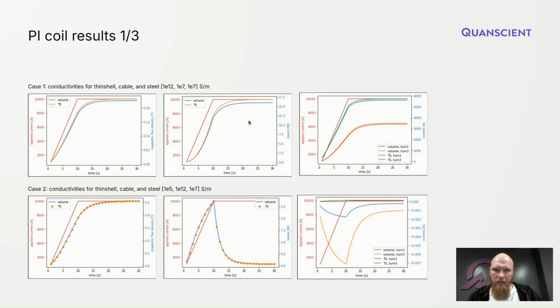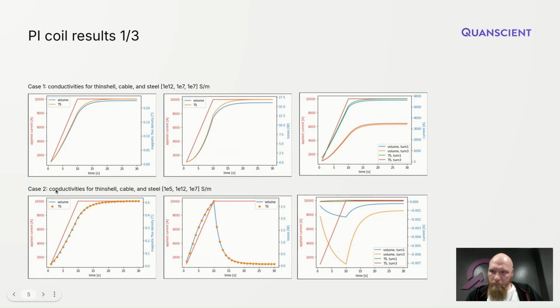Then we have the losses and the net currents in different turns, at the very top turn and in the middle turn. You can see that the models are matching pretty well. There's only 5% difference in the losses and less in the other quantities.